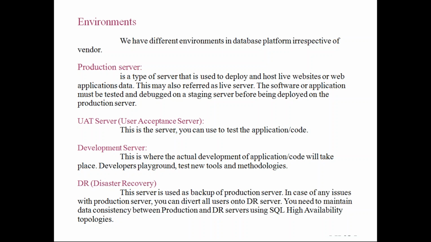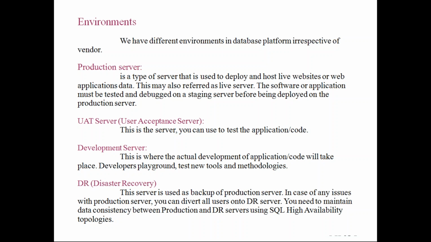And once they are ready with the scripts and schemas for the project on the development server, that deployment or package will be pushed onto the UAT server, which is the user acceptance server.